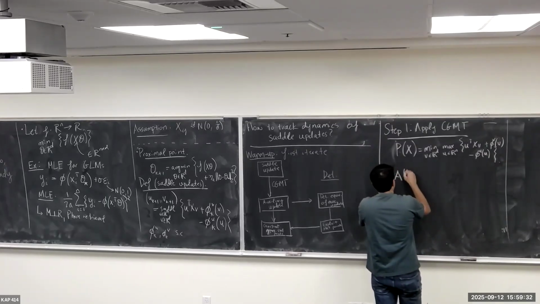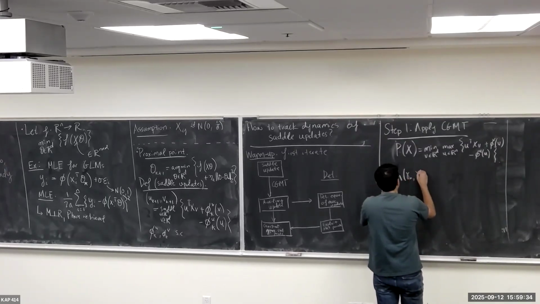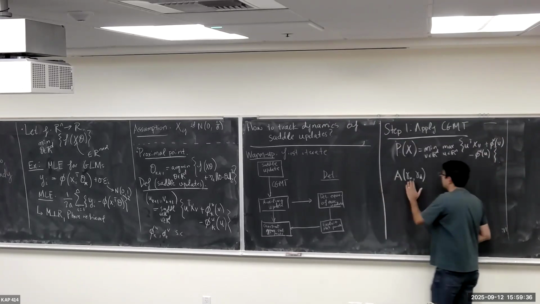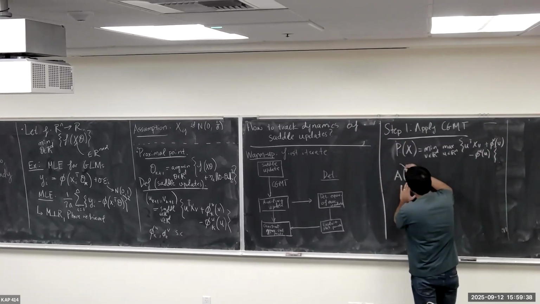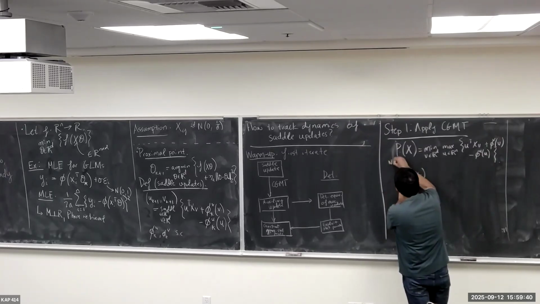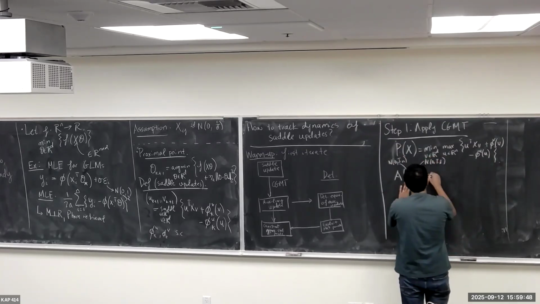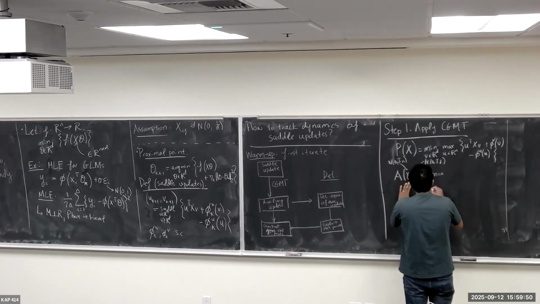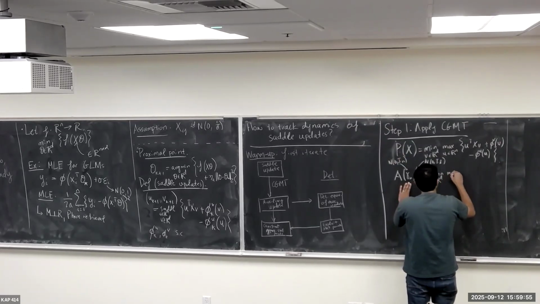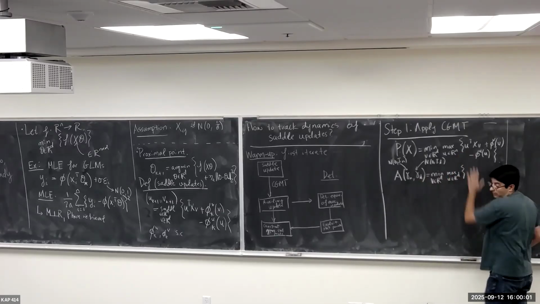The second random variable is A of gamma n, gamma d. Here, gamma n is going to be Gaussian in n dimensions. Gamma d is Gaussian in d dimensions. And this is another value of a min-max problem, which is nearly identical to the first one.